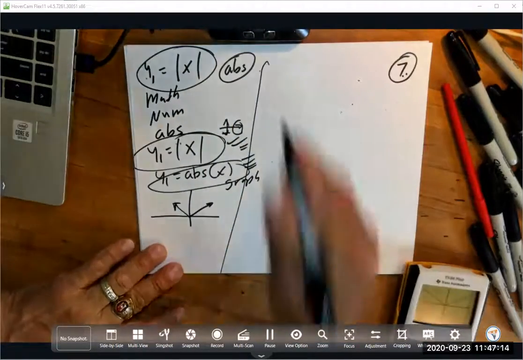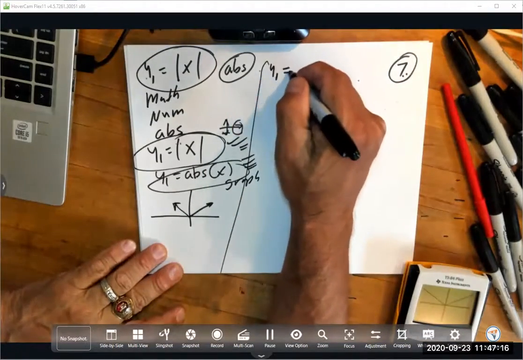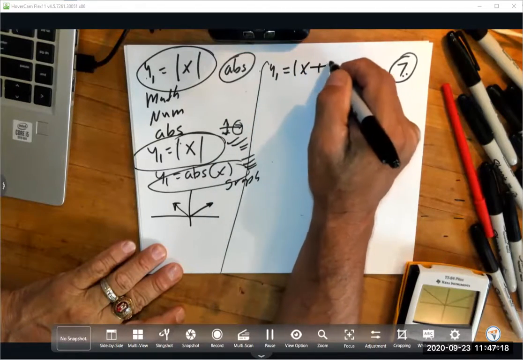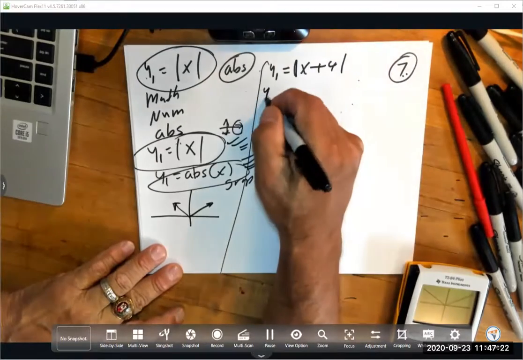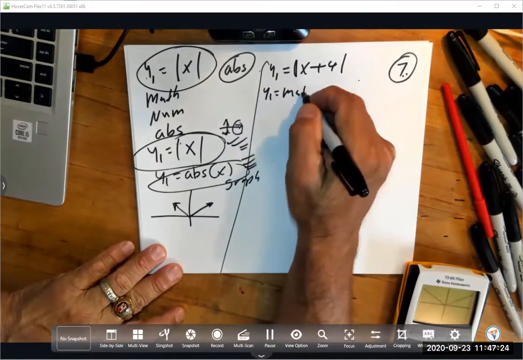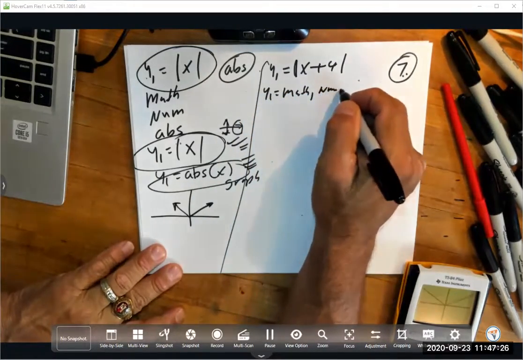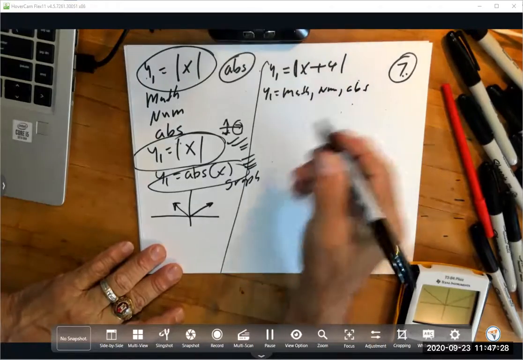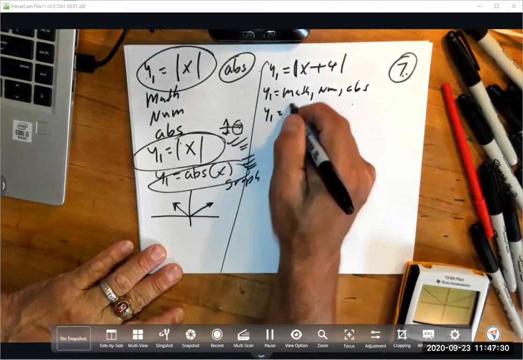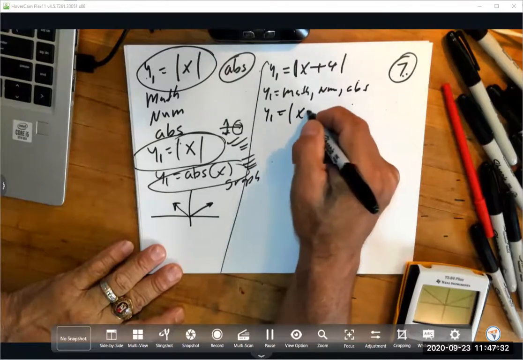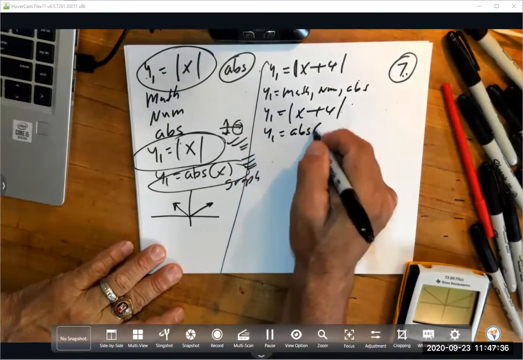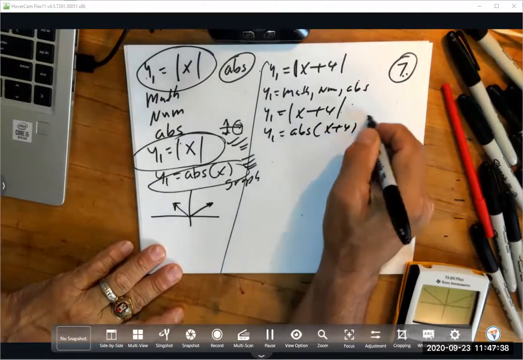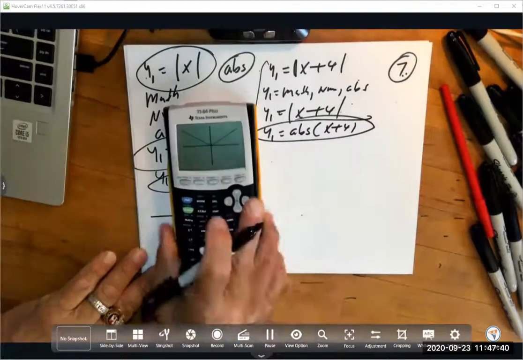I'm going to change it. Y1 is absolute value of x plus 4. You know it's going to move it left to right. So now y1 equals math, number, abs. So y1 is going to be absolute value of x plus the 4, like this. So put it in there. Ready?